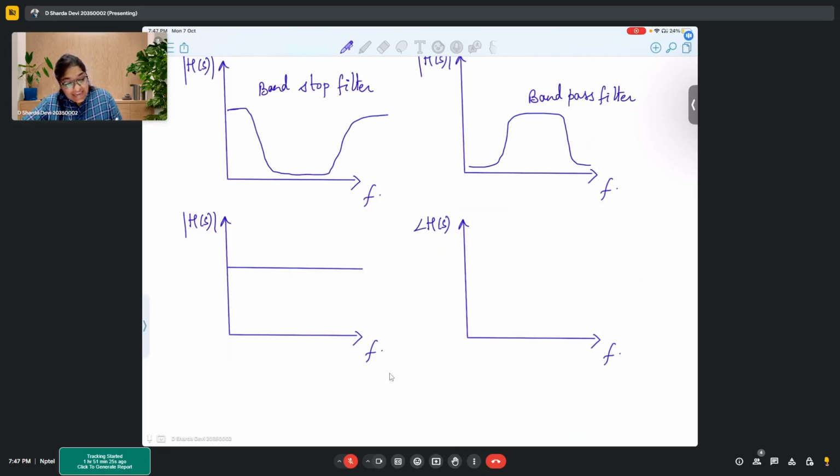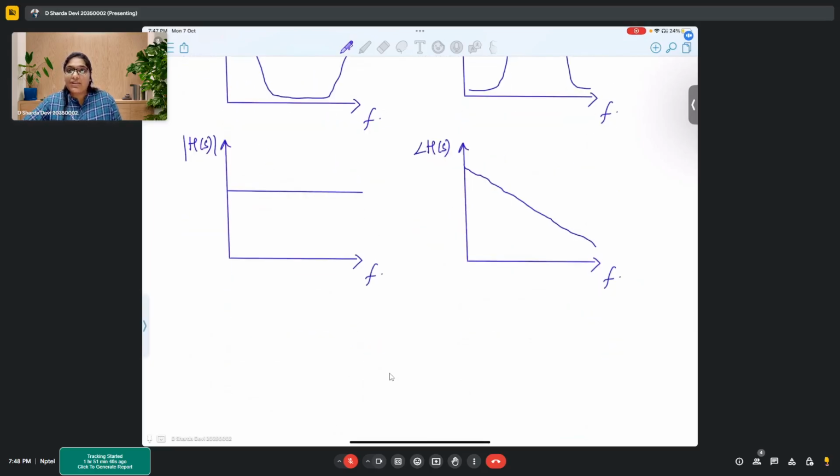So that comes from the phase analysis of the circuit. When you have an all-pass filter, the phase of the all-pass filter looks somewhat like this. And what the all-pass filter does is it basically introduces a phase shift between your input and output.